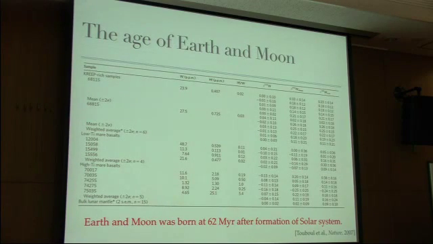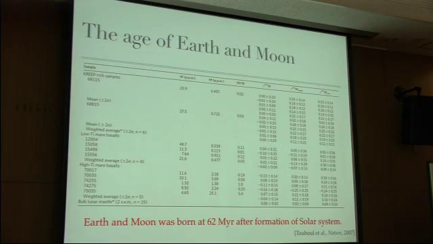This is the latest measurement of the hafnium tungsten ratio in many types of rocks from the Earth and also from the Moon. According to this data, they concluded that the Earth and the Moon were born at about 62 million years after the formation of the solar system. As you know, the age of the solar system is about 4.56 billion years, which is very much longer than 62 million years.